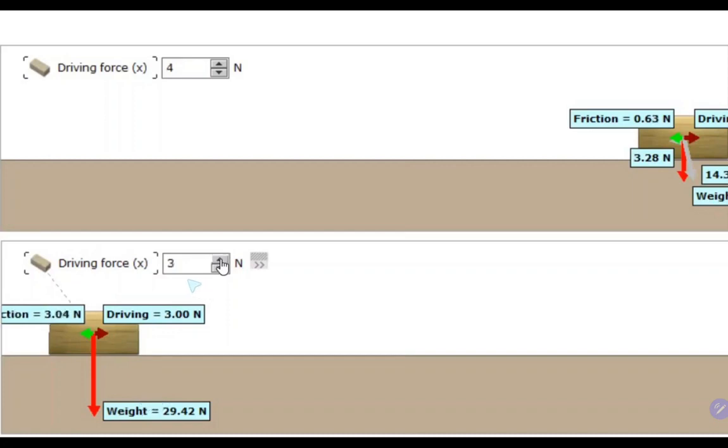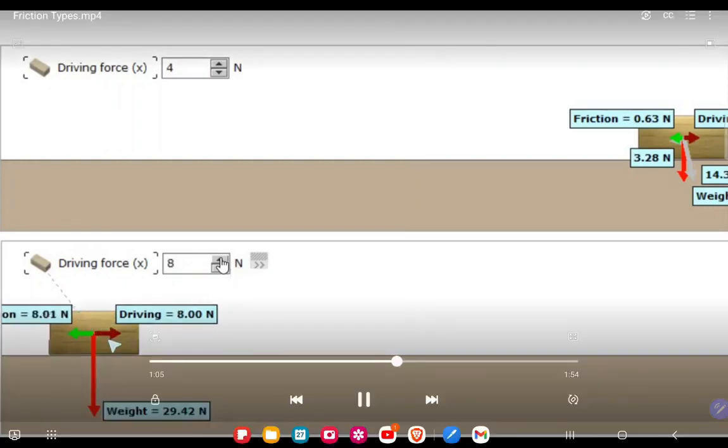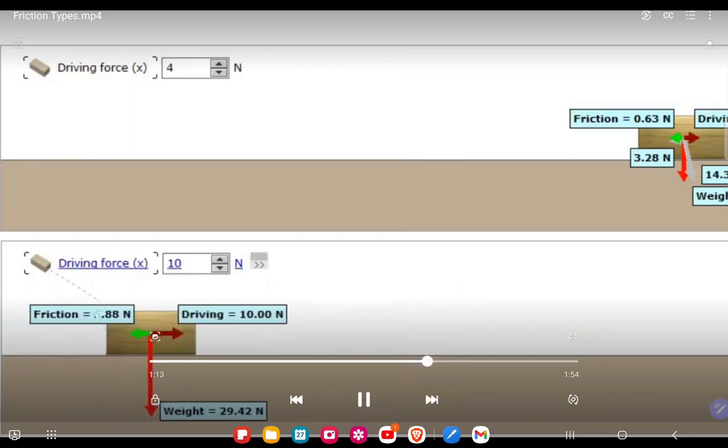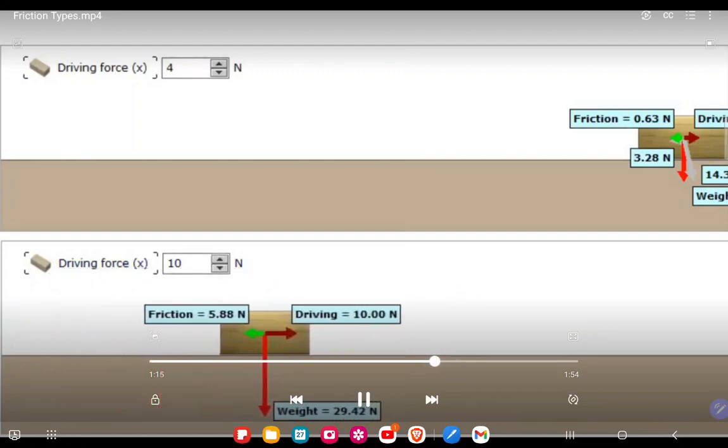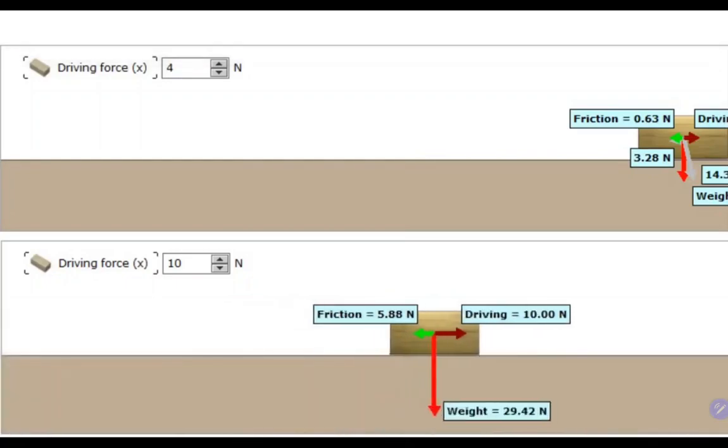We keep increasing the driving force until we break the barrier. The barrier is to break the static friction and change it into kinetic friction. We still keep increasing the driving force until it reaches almost 9 here. After that, it turns into kinetic friction, as we can see here.